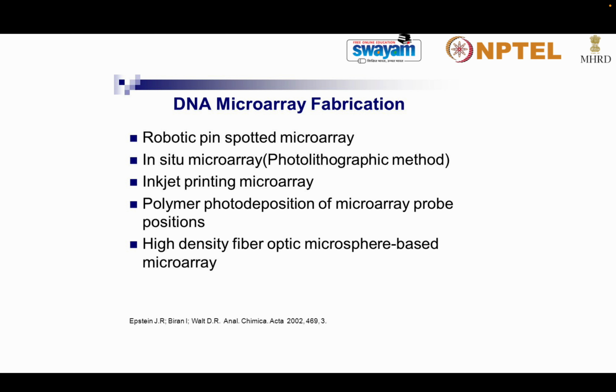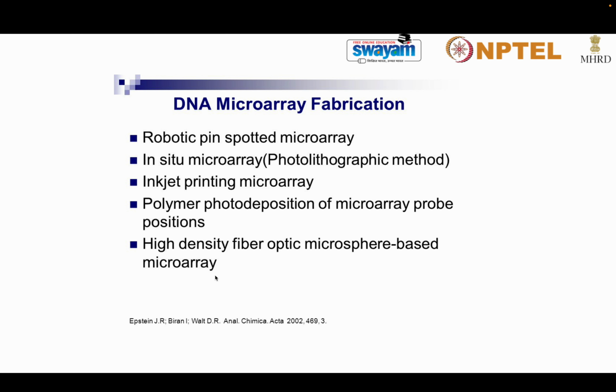Fabrication means that you are attaching DNA or any oligonucleotide or RNA to the surface of the microarray. That is known as DNA microarray fabrication. For this, the different methods used are robotic pin spotted microarray, in situ microarray in which the photolithographic method is used, inkjet printing microarray, polymer photodeposition of microarray probe positions, and the last one is high density fiber optic microsphere based microarray.